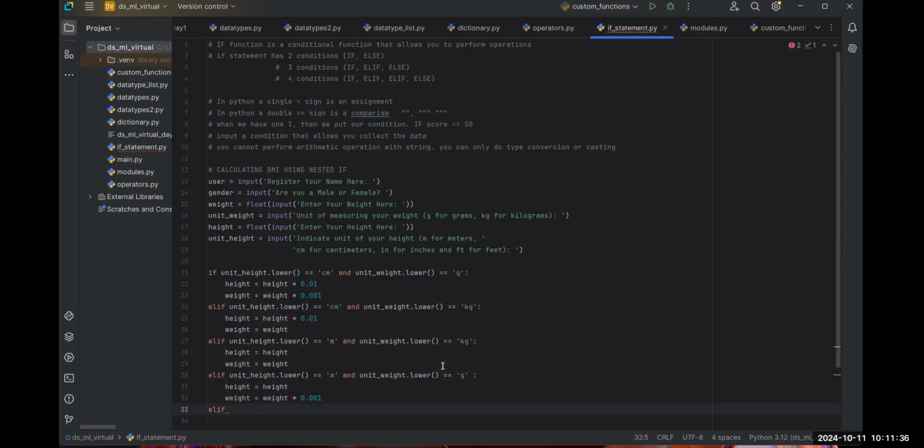Elif unit height dot lower equal to inches and unit weight dot lower equal to gram.